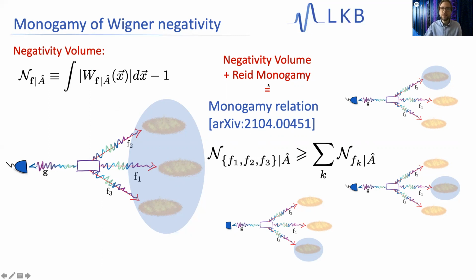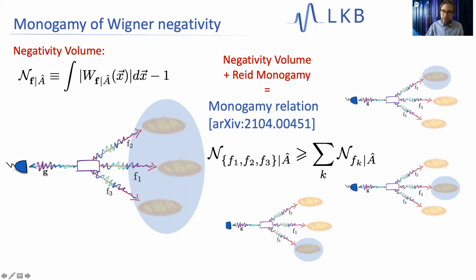And it turns out that using this Reed monogamy, together with this definition of the negativity volume, I can show that the global negativity that I create in this joint set of 3 modes in this case is always going to be larger than or equal to the sum of the local negativities that I get.